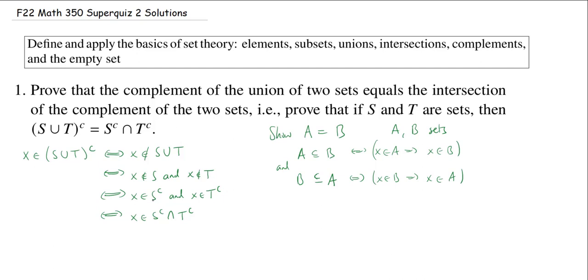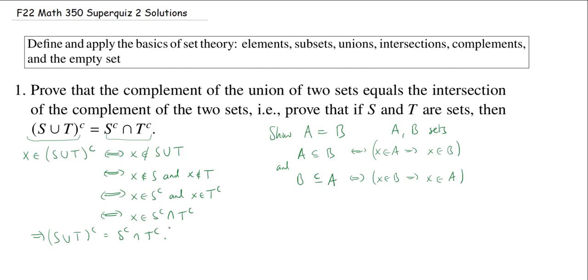If you're in the intersection, then you're in both. And so what we've just shown is you are in this left-hand side set if and only if you are in the right-hand side set. That means these two sets have the same elements. And so we conclude that the complement of the union is equal to the intersection of the complements.